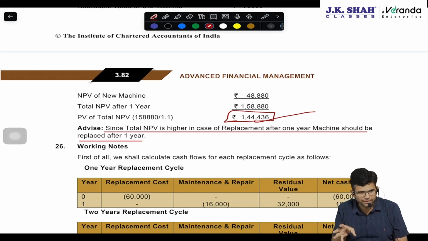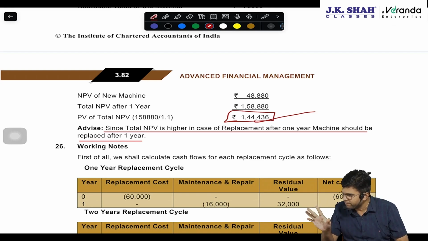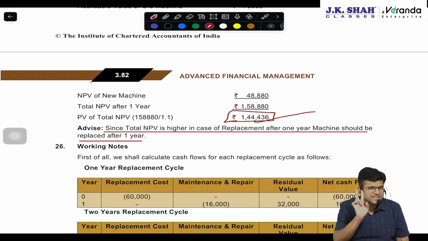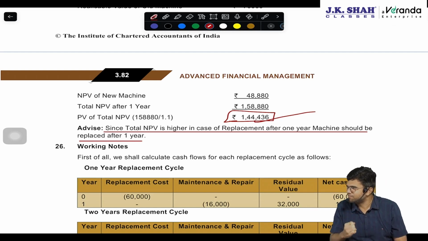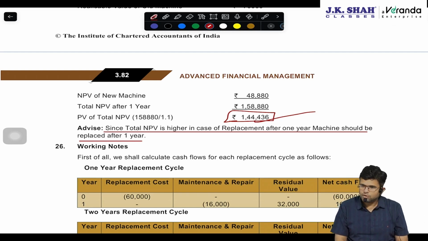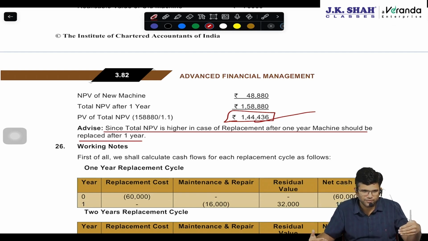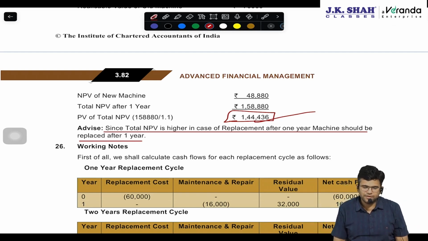First, the method, but that was bearable, because my answer is tallying. The second area which I am not able to bear is the fact that they have ignored EAB. There is replace today and replace after 1 year, a 3-year project and a 4-year project. They have skipped that, or they have missed that.